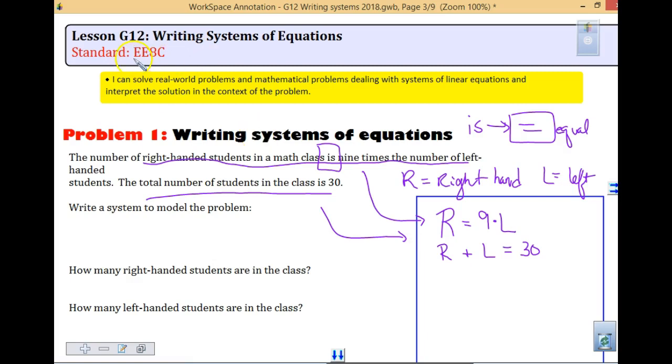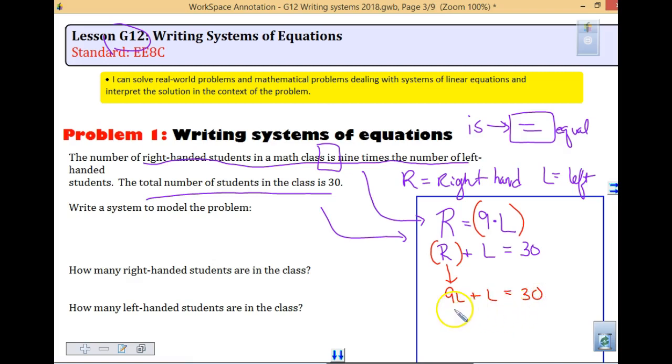Put problem 1 from G12. So this problem would probably be to use substitution. And I know that R equals 9L. So I'm going to rewrite this, and I'm going to put 9L plus L, do this on your paper, equals 30.